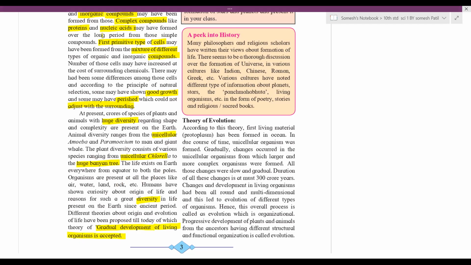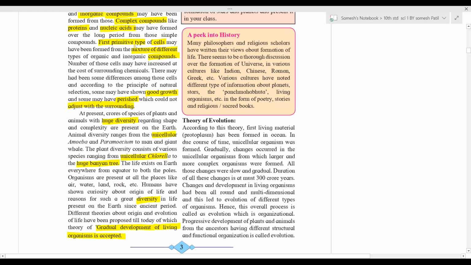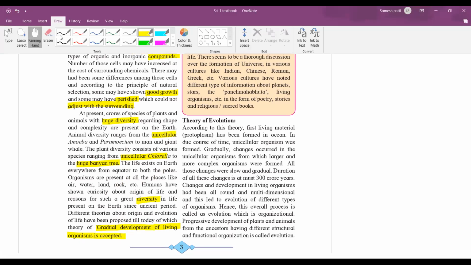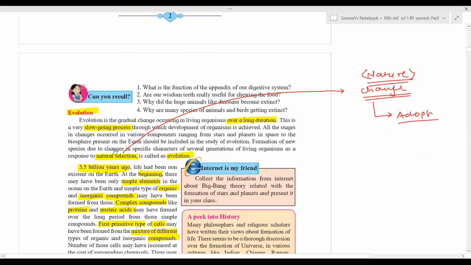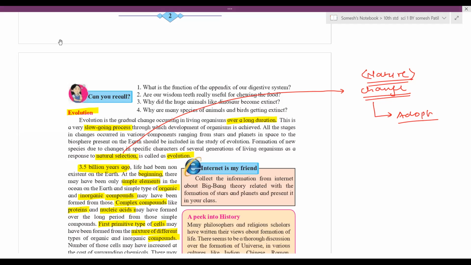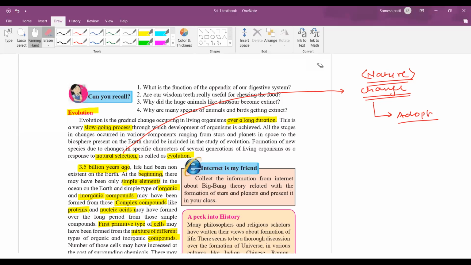This is evolution for us. Okay, so now we will see the definition of evolution. It is the formation of new species due to change over several generations of living organisms with respect to natural change. So in two terms, it is very simple: small gradual development.